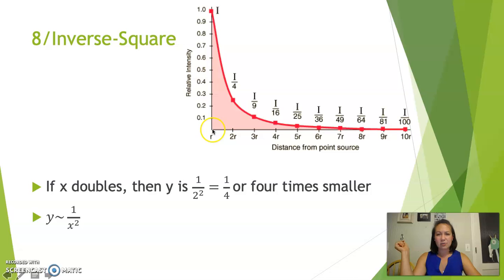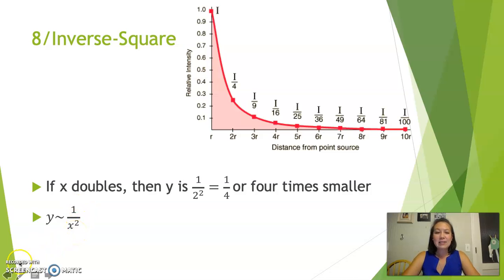Notice that if I make the radius go from 1 to 2, that relative intensity, this is for light by the way, if you get twice as far away from a light source, it actually becomes 4 times dimmer because of how that light spreads out over space. So equation for this one is y is proportional to 1 over x squared.